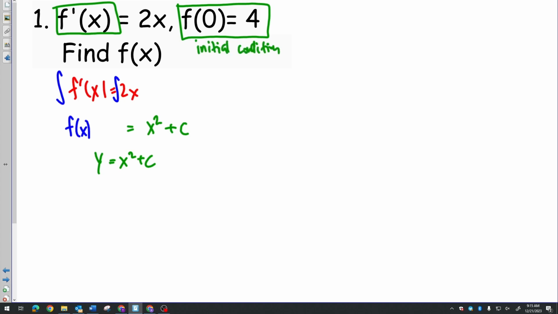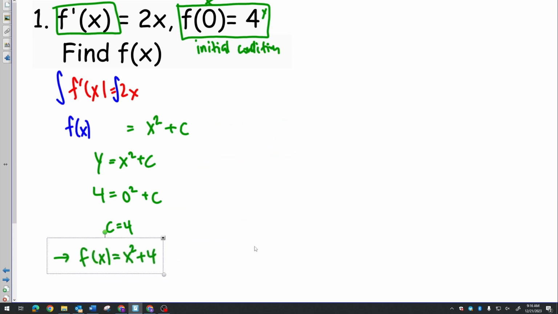It says everywhere there's an x, I'm going to put in a 0, and everywhere there's a y, I'm going to put in a 4. So this gives me 4 is equal to x squared plus c, so c is equal to 4. So my final answer is f of x is equal to x squared plus 4. And that's what I'm solving for.